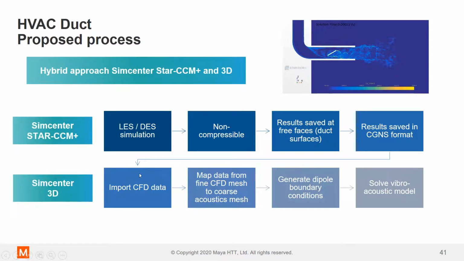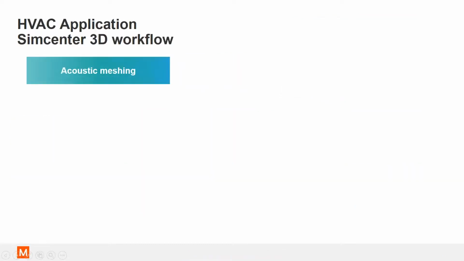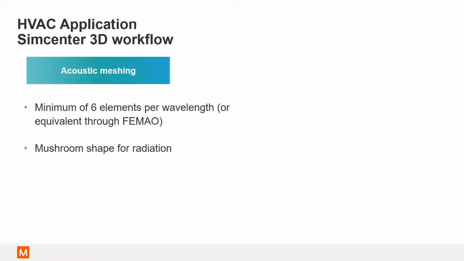The first thing you need to do is create the acoustic mesh. The consideration in doing the acoustic mesh is to have at least 6 elements per wavelength, but you also have the FEMAO method, which can increase the element order to improve the quality of the mesh, reducing it down to 1 or 2 elements per wavelength.